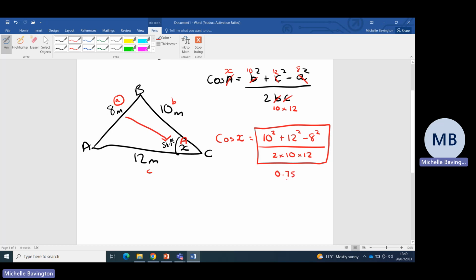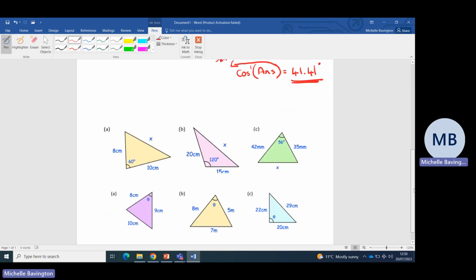But I'm actually going to press equals so it gives me the answer. Go forward, press shift, cos, which will give me cos minus 1, close the bracket, equals, and it ends up being 41.41 degrees.